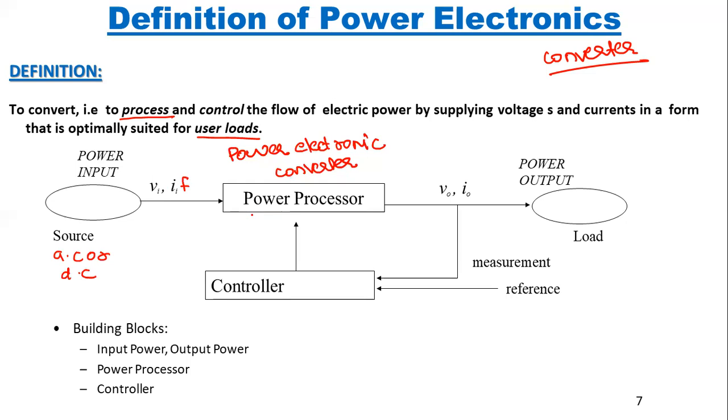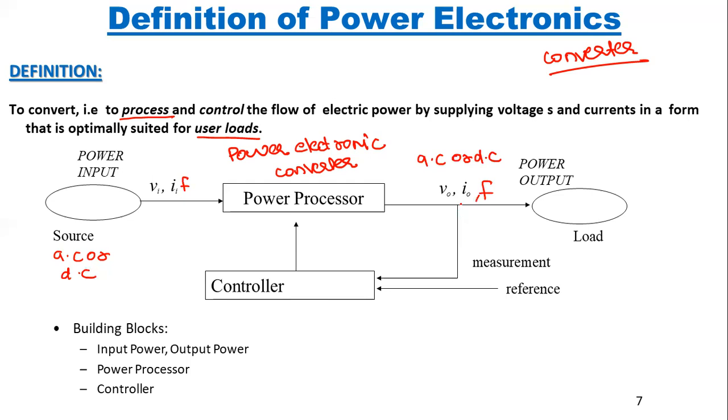That is a power electronic converter. And from that, we are getting another value of voltage. Maybe we are stepping up or maybe we are stepping down. Based on the converter, based on the power electronic equipment, we will get an output, and this will be the frequency. This will be AC or DC. If it is DC, there is no frequency. Then it will be given to the load, right?